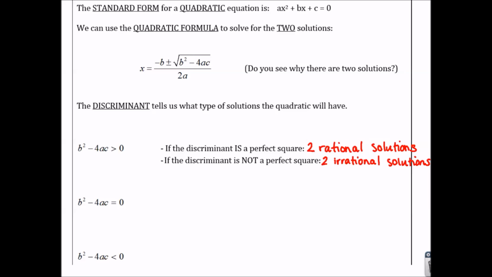If your discriminant equals 0, then you have one rational solution. And if your discriminant is negative, it's less than 0, you have two complex solutions.